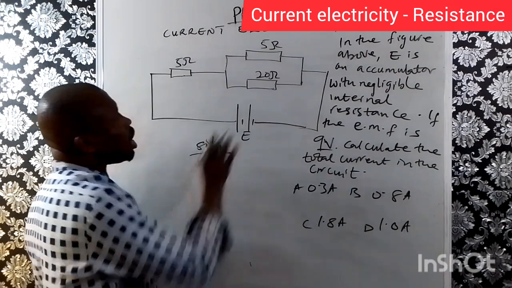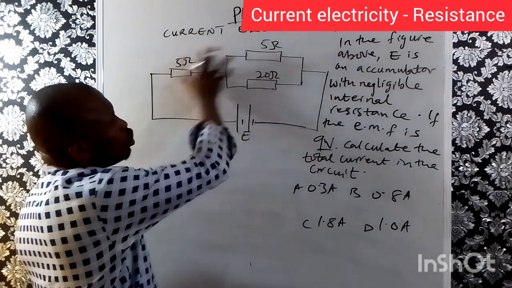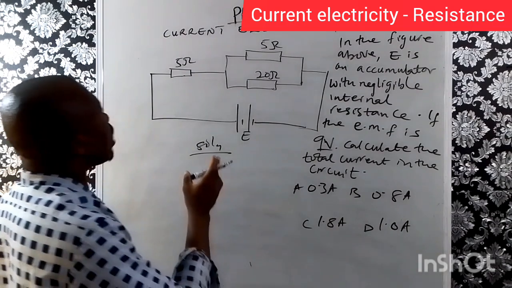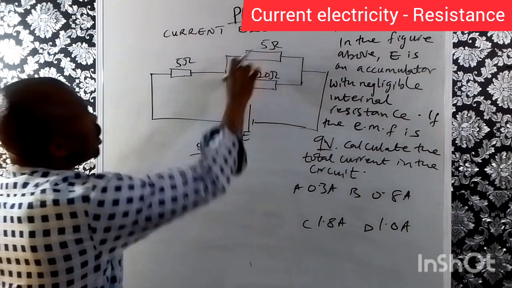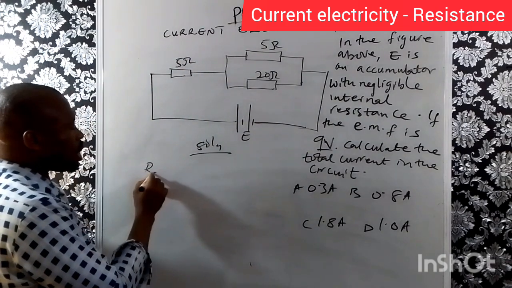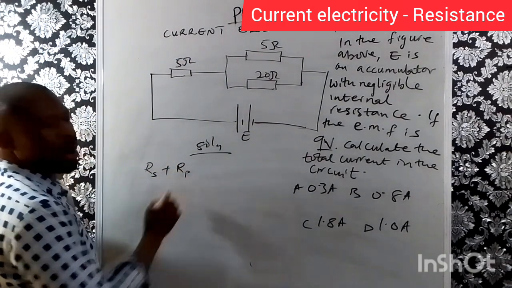Solution. If we take a look at what we have here, of course, this one is similar to the first question we solved, and this one will give us R in series plus R in parallel.